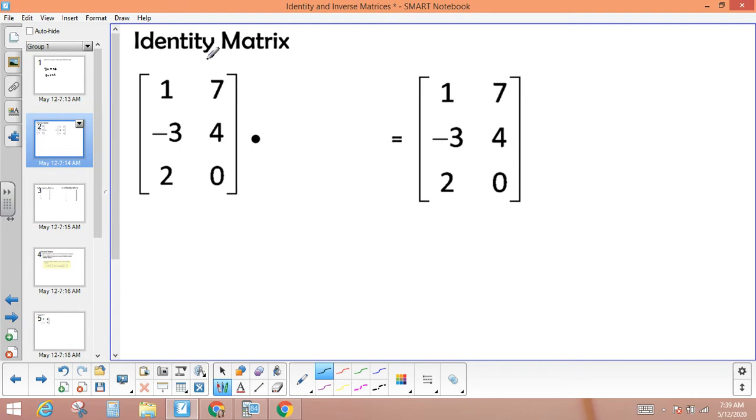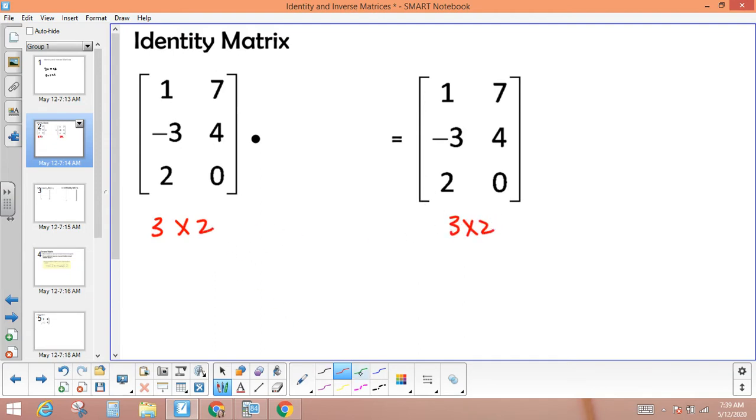If I give you this matrix and I want the same matrix back, what do you think we would need to multiply by? I assume you could come up with some form of a 1. Remember when you're multiplying matrices, this is a 3 by 2, and we end up with a 3 by 2.